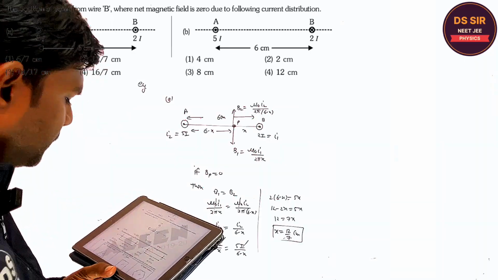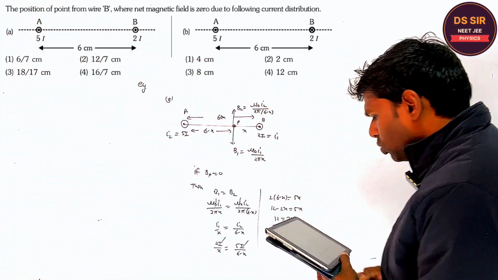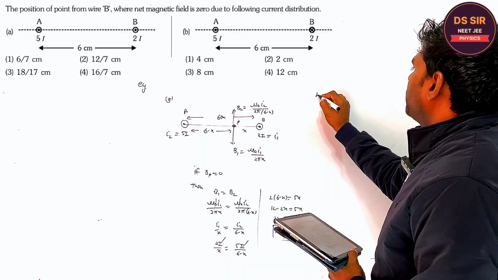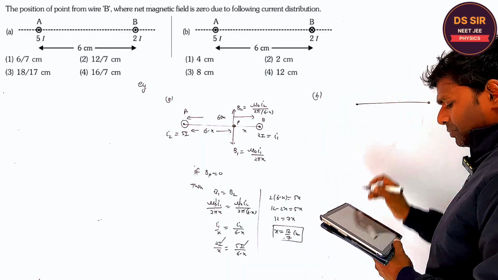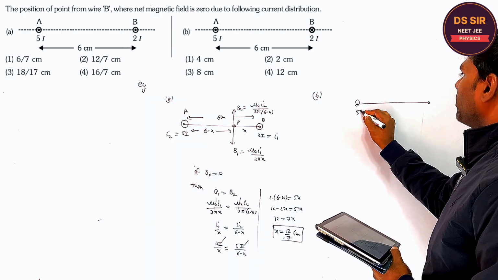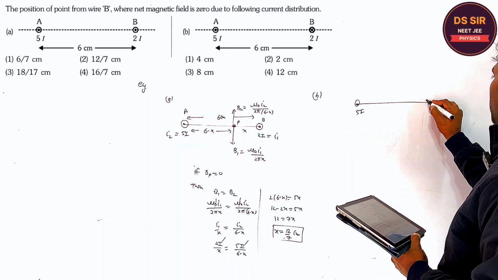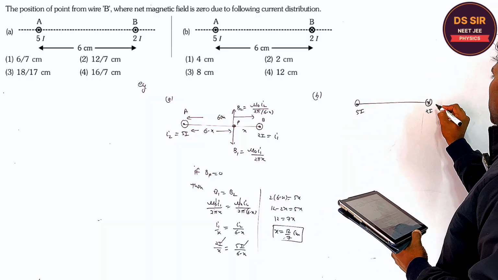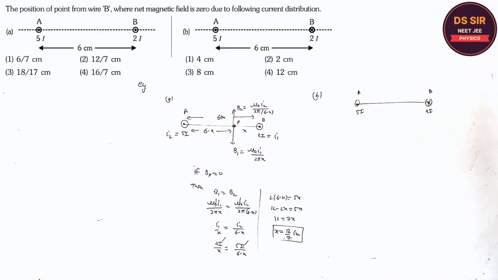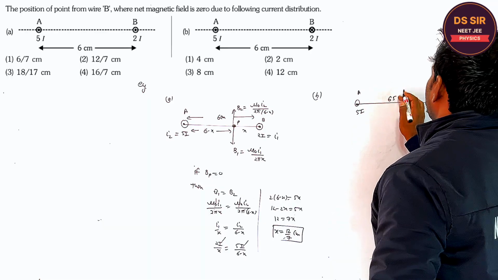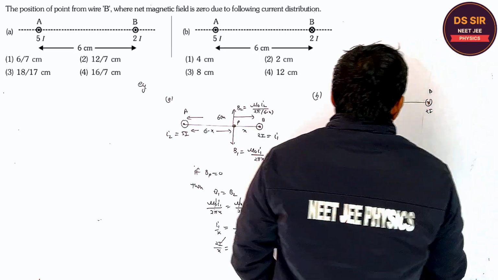Copy this. So now you can read the B part. In the B part, what is given? Tell me. It is 5i and it is 2i in the downward direction, into the board, right? The distance is 6 centimeter, right?